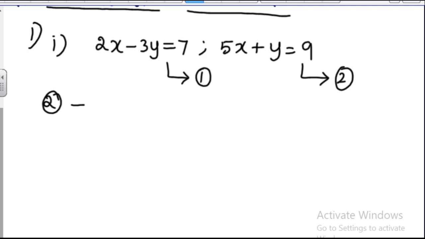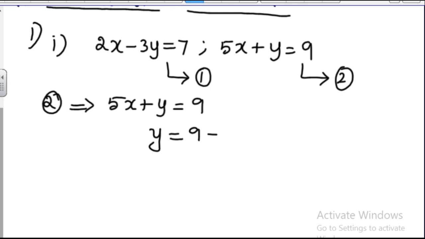So I can take the second equation. Equation number 2 is 5x plus y is equal to 9. In that I am choosing the y variable, so y is equal to 9 minus 5x. You should take it as equation number 3. Now we are getting y.